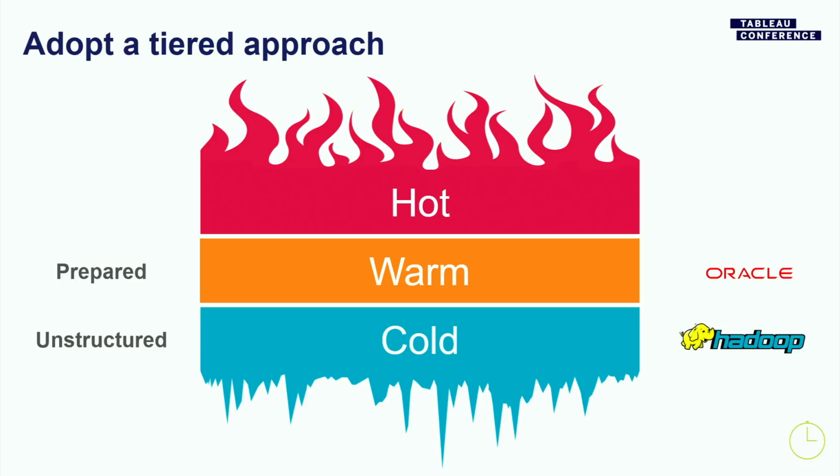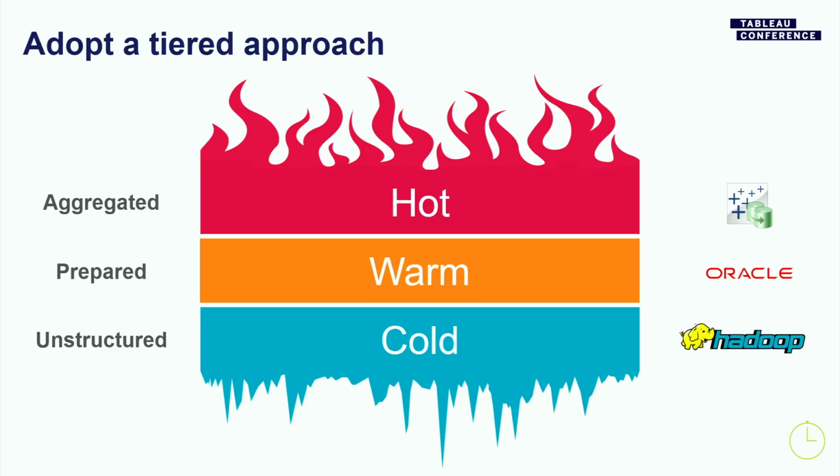Now, the warm tier refers to slightly more prepared data. This could be data that exists in relational databases, so data that you'd probably look to query a lot more frequently than a cold tier. And then you've got the hot tier, so an aggregated level of data, or data that's otherwise prepared for really fast and often analytical querying.